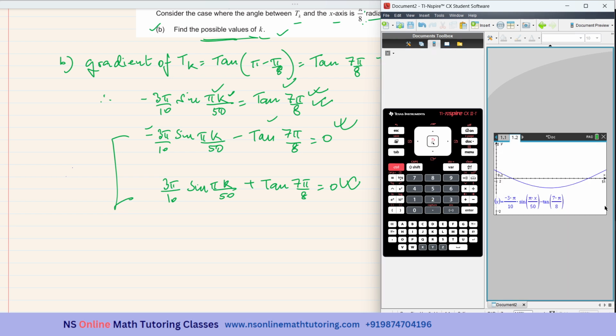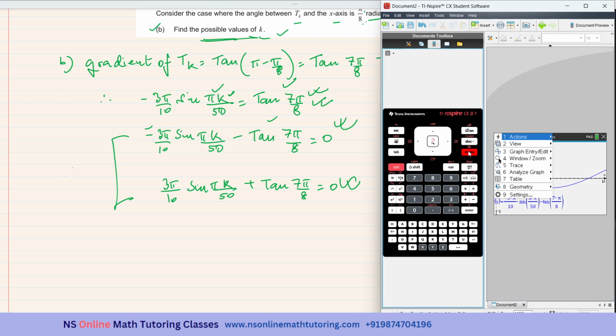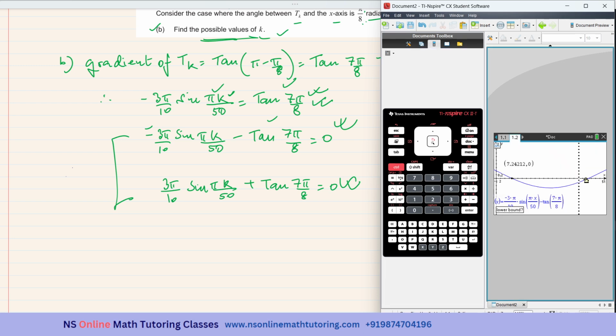Now you see you are getting two zeros and we have to read the zeros. So therefore, menu, analyze graph, and zero, and this is the first zero, and zero again, and this is the second zero.